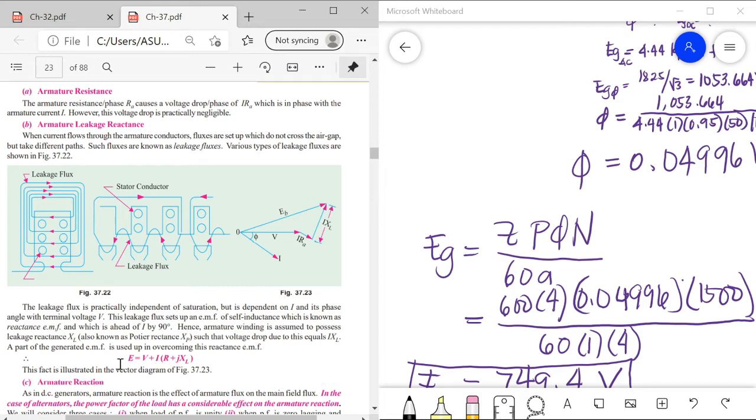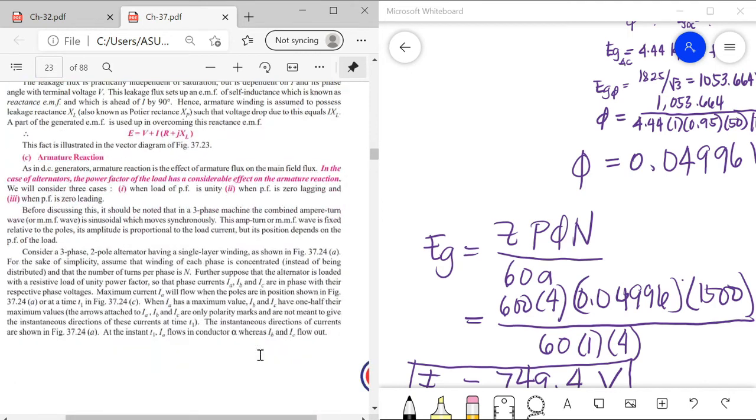So this is now E. It is equal to the sum of the terminal voltage V plus I multiplied by (RA + jXL). The current is the same here, so I is factored out. This fact is illustrated in the vector diagram.